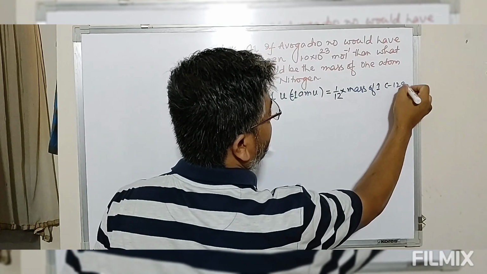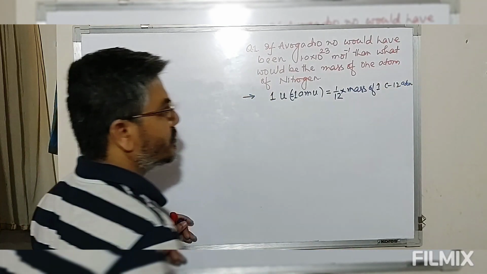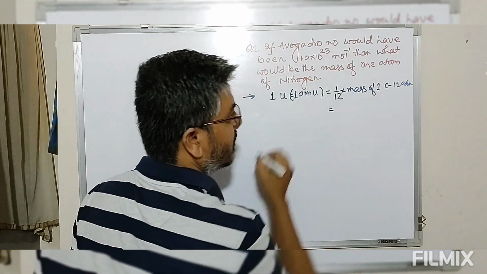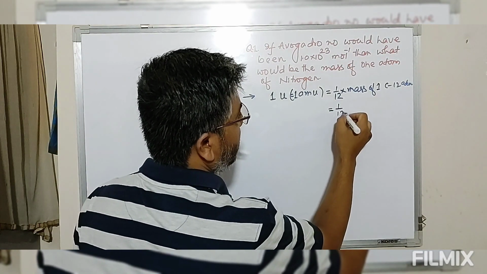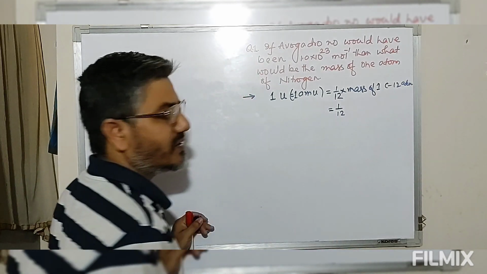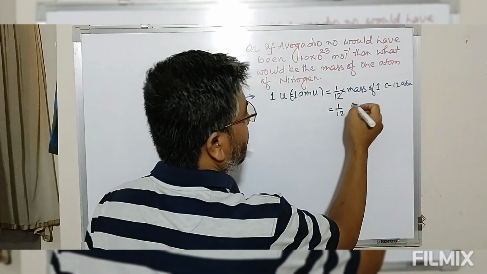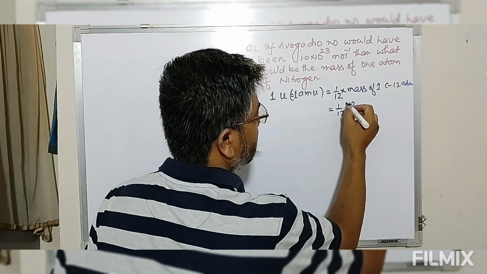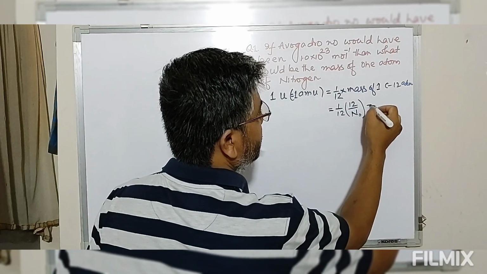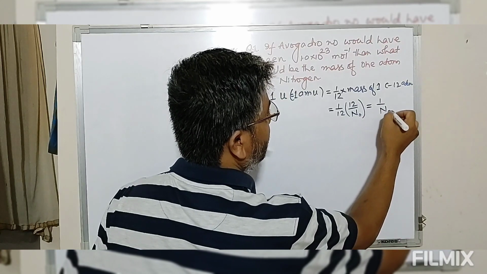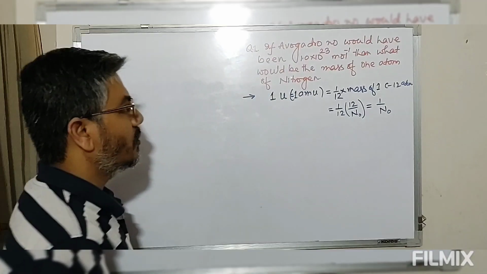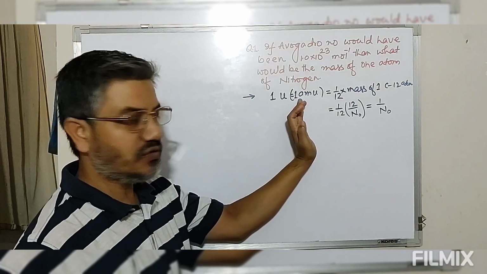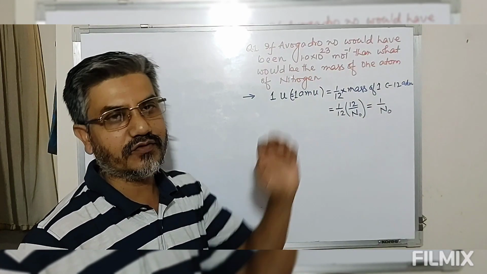This ratio is defined as atomic mass unit. So this is 1 by 12. We know the gram atomic mass of carbon is 12, so 12 divided by Avogadro number. So this comes out to be 1 by Avogadro number. Therefore, one unified mass or one atomic mass unit is equal to 1 by Avogadro number.